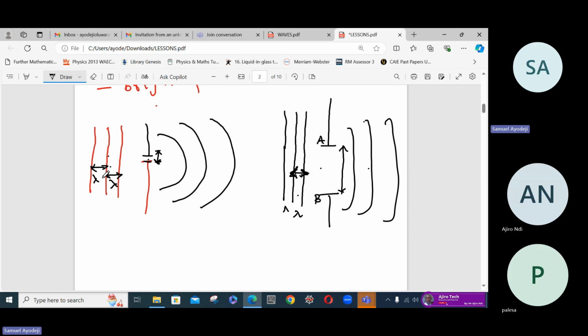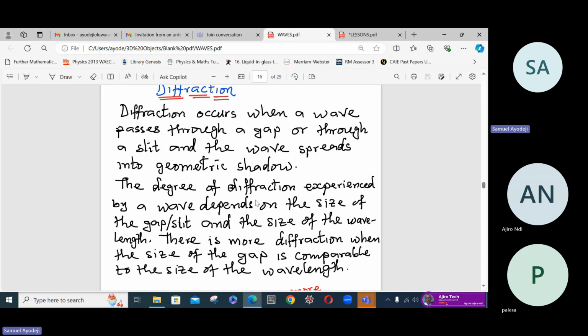This opening cannot contain this person, so this person has to bend. You have to squeeze yourself before you can pass through. That is called diffraction, bending around, spreading around a gap. When the wave passes through a slit, it then spreads around. That's the second mark. That's called diffraction.